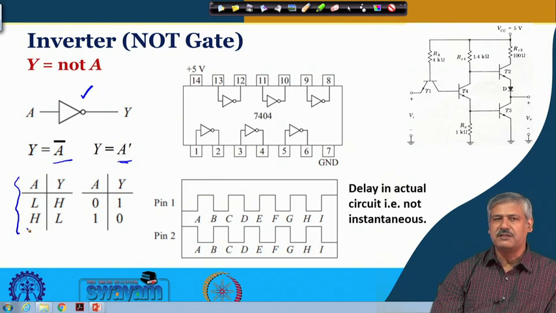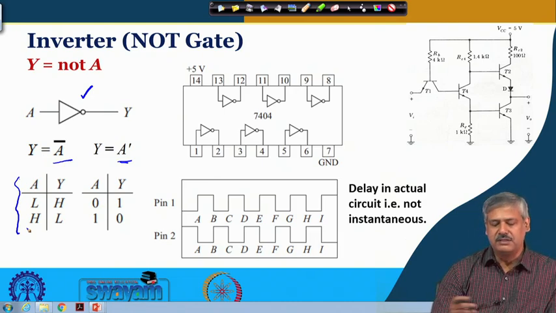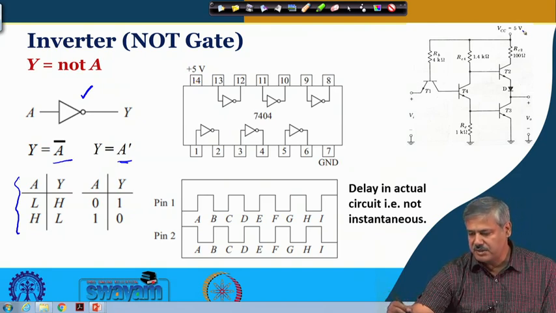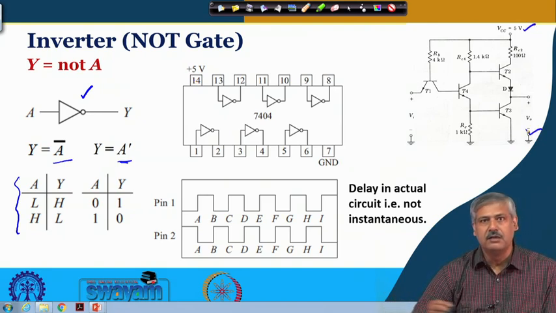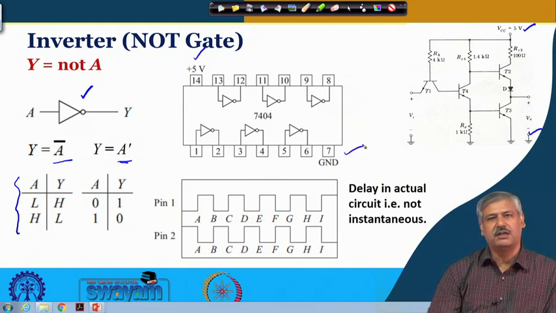IC 7404 has 6 NOT gates, and the input and output pins are connected like this. There is a VCC and a ground which is required as power supply. Over here you have seen this power supply. These power supplies are associated over here, and there are 6 such NOT gates inside it.